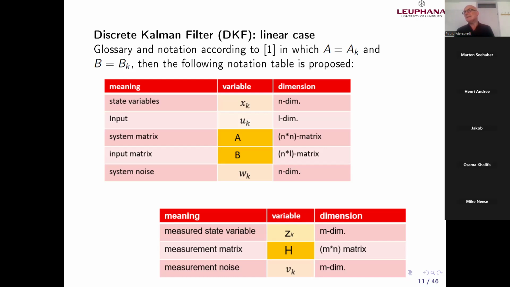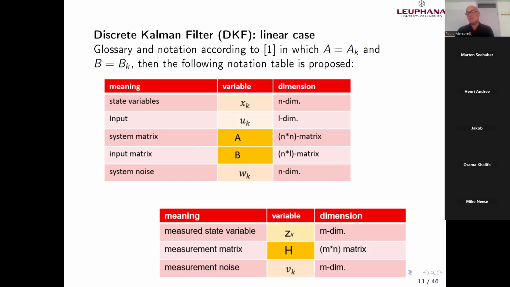If you remember the output equation, y equals C multiplied by x plus D multiplied by u. Here, D we will not consider, but it could also be considered. Let me consider just the matrix C instead of H, or vice versa. But D in this lecture is not considered. This means the system is strictly proper, I don't know if you remember from control systems. This means no connection between input and output.